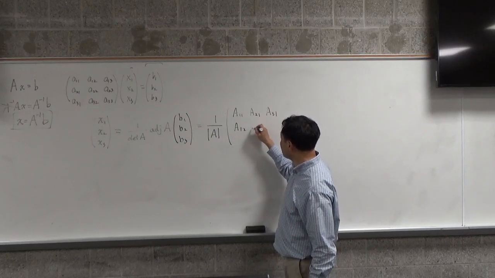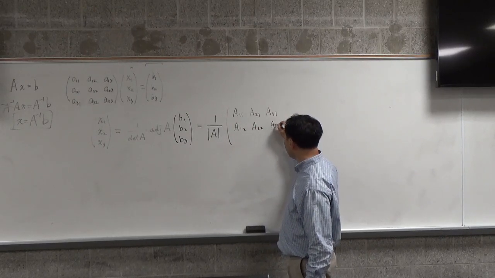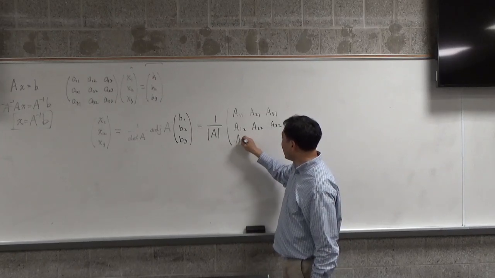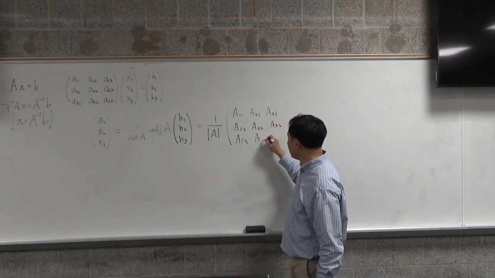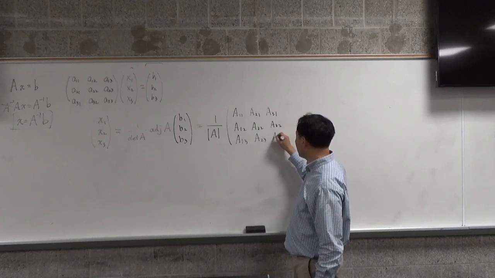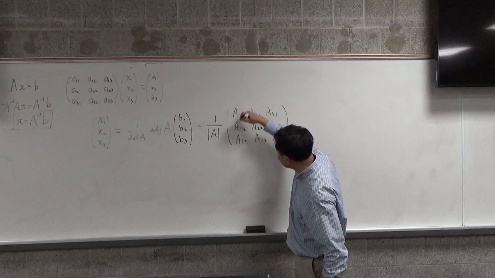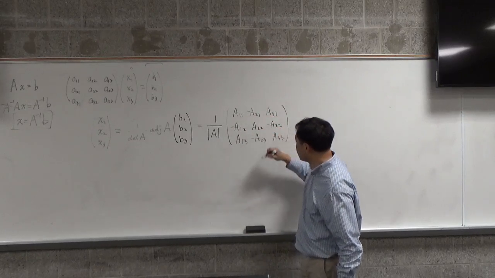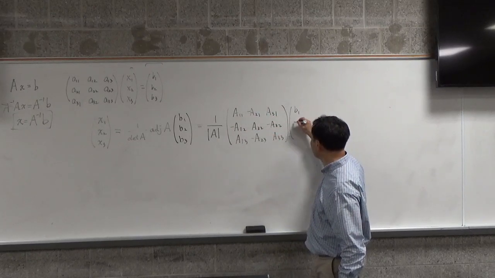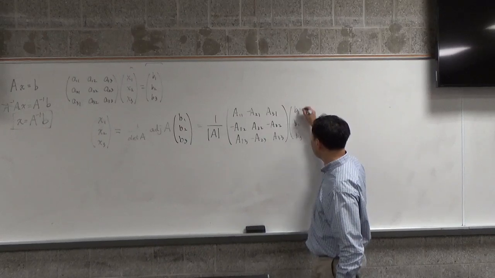A12, A22, A32, and then A13, A23, A33, with the checkerboard of signs applied, multiplied to B1, B2, B3.